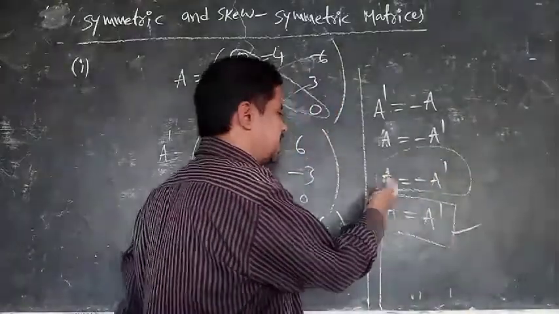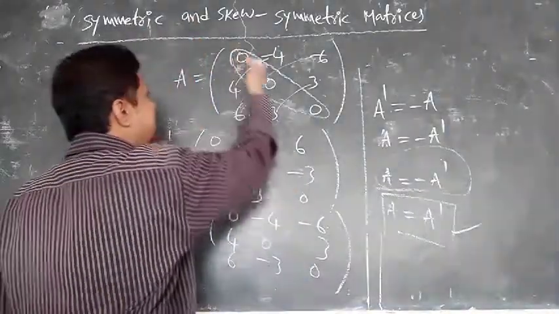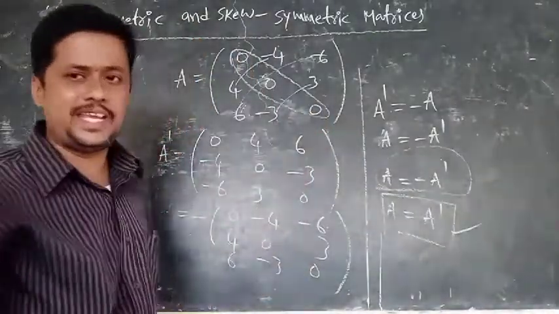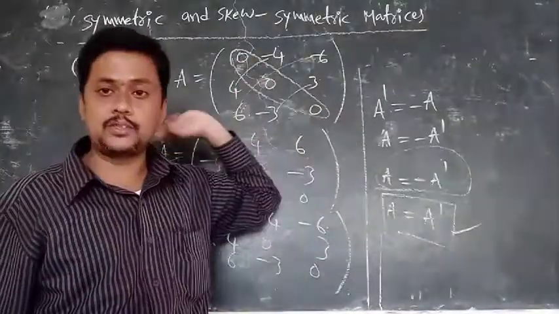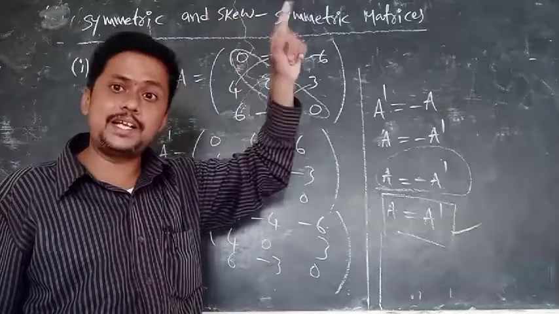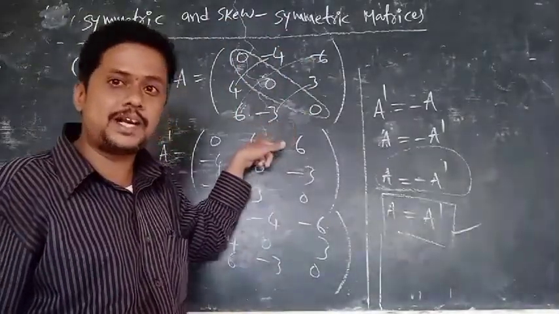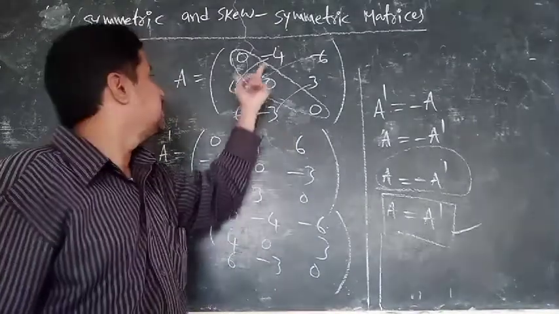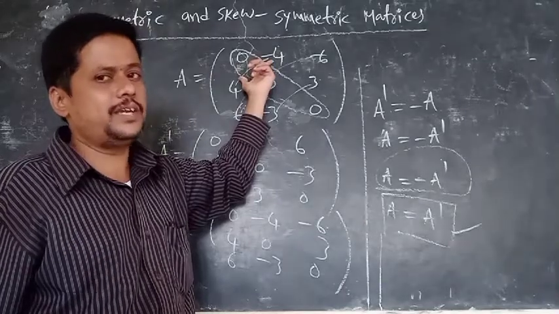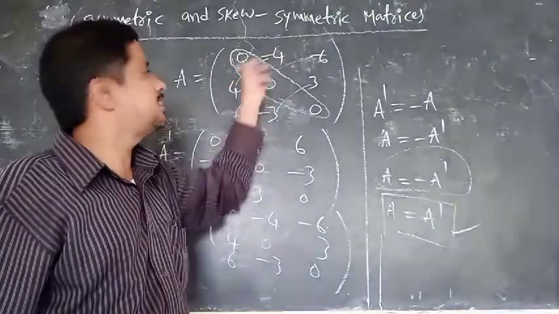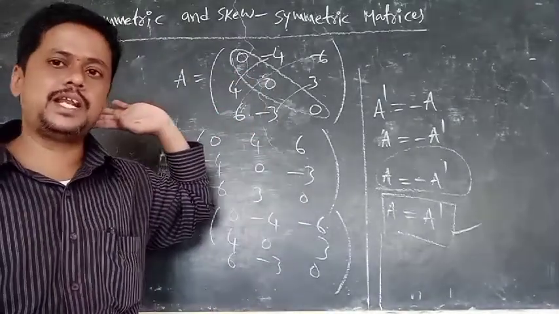In skew symmetric, A equals minus A dash. In symmetric, the principal diagonal elements can be 0 or whatever it may be, but in skew symmetric all principal diagonal elements should be 0 only. In symmetric, the corresponding elements are the same, but in skew symmetric the number is the same with a negative sign. So these are the differences between symmetric and skew symmetric.